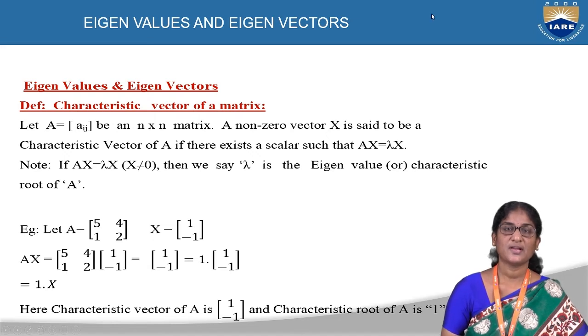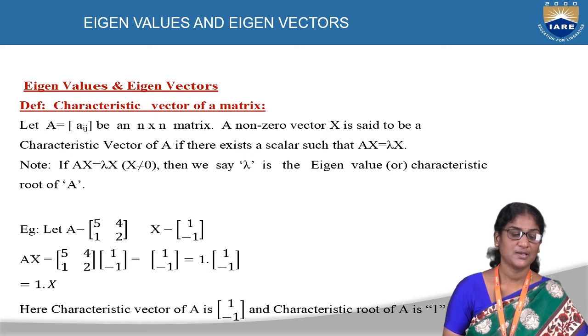Before going to the eigenvalues and eigenvectors of a matrix, we would like to discuss what is a characteristic equation. The characteristic vector of a matrix. Let A equal to Aij, a general notation of the given matrix, be an n into n matrix.